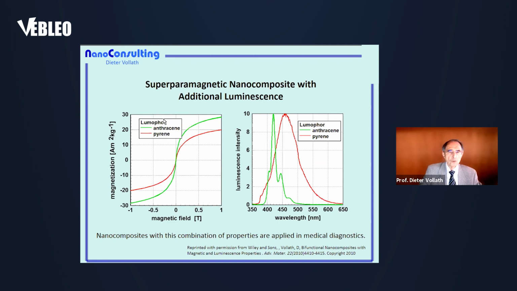Here we use two different lumophores, the green line anthracene, the red line pyrene. And here on the right-hand side, we see the luminescent spectrum for anthracene and pyrene. This combination of properties is, for example, very important in medical diagnosis.